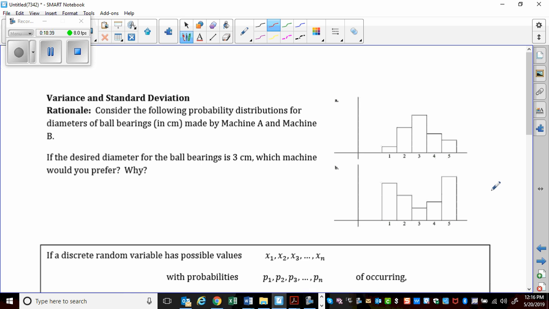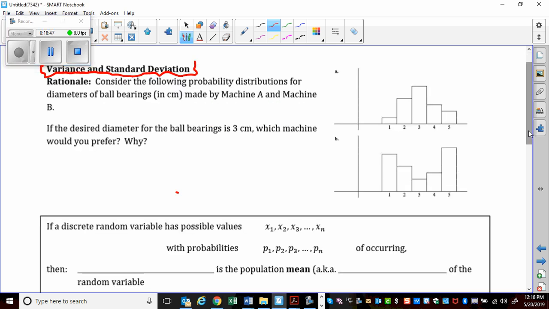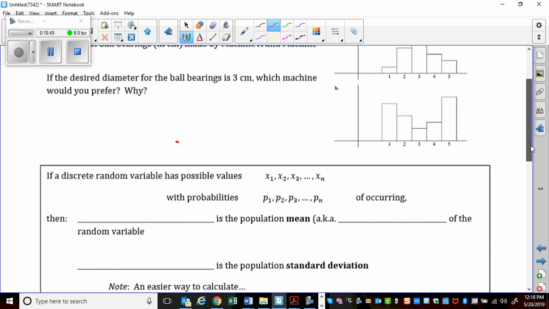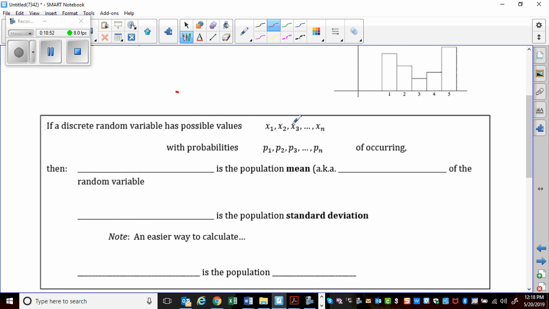So this is another part of this section. We're going to go over variance and standard deviation. So it says if a discrete random variable has these possible values, these are my outcomes, with these probability of occurring, then the mean or the expected value, remember this is the sum of x sub i times the probability sub i, is the population mean or the expectation.